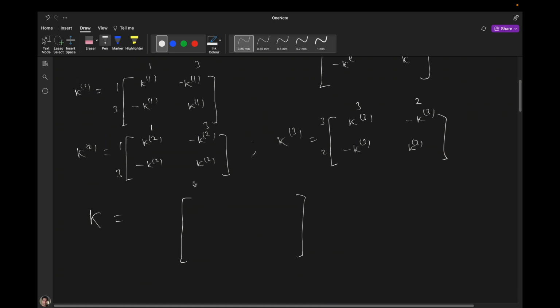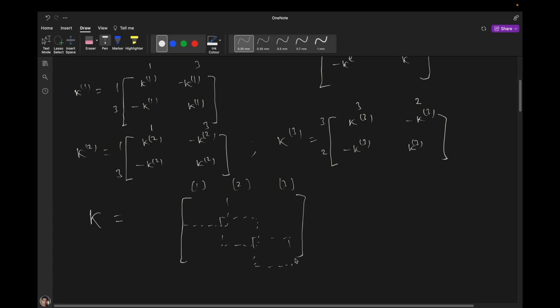So I have to mark 1 2 3. Here I will write like this for 1, for 2 like this, and for 3 like this.